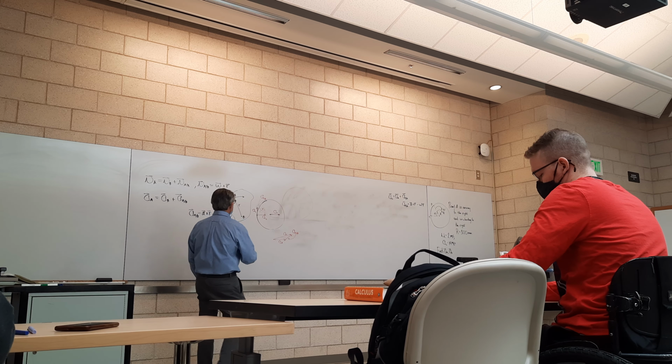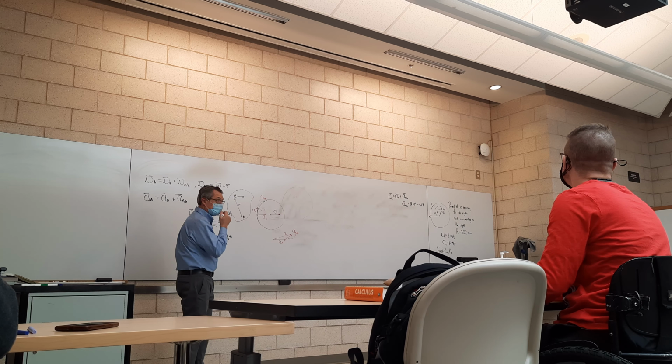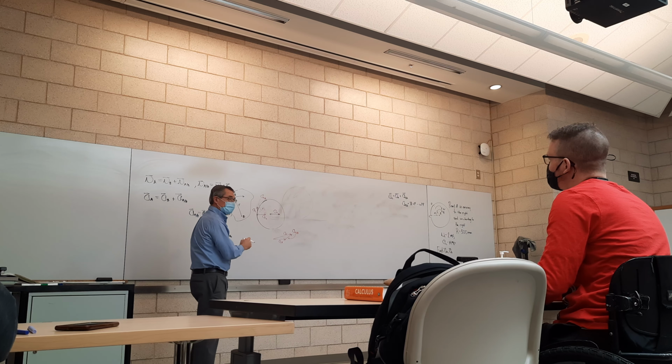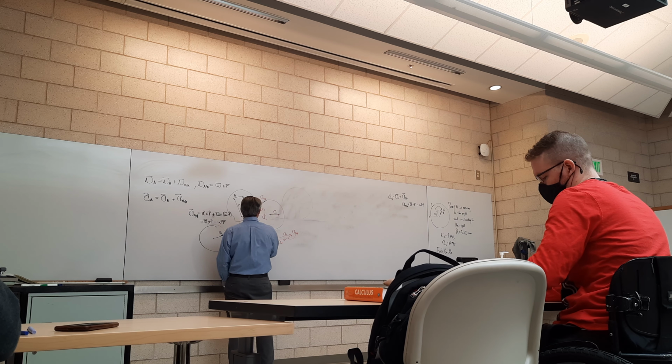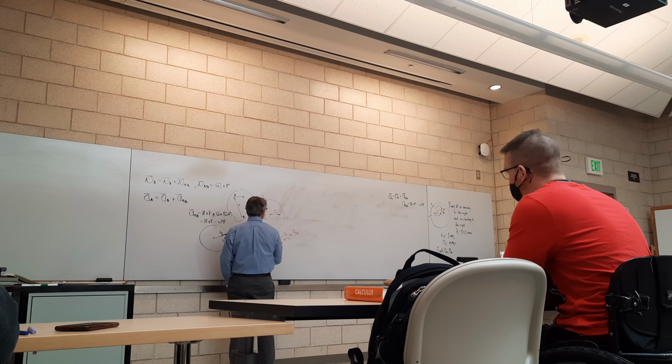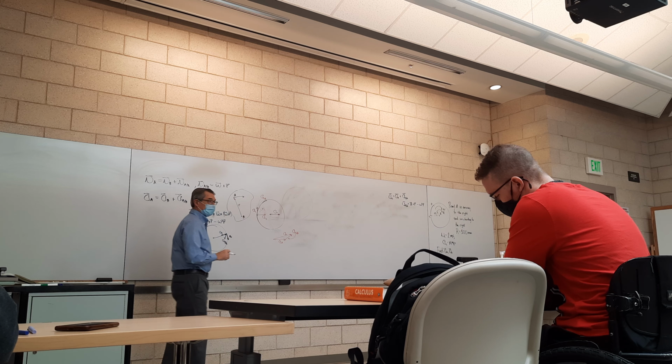Now, we don't know the magnitude of each of these parts, and that's what we're going to have to figure out. But in general, that's what we need to do. The acceleration of C relative to A has a tangential and a normal component. We can add those together, and then add that to the acceleration of A, and that will give us the acceleration of C.